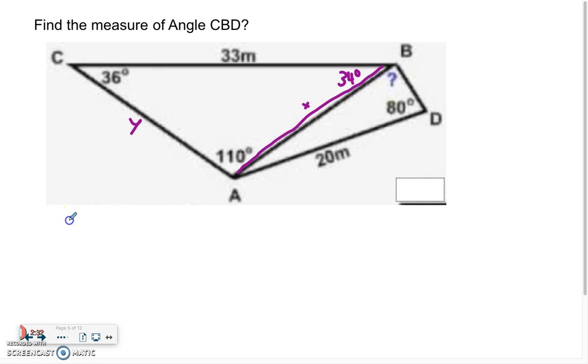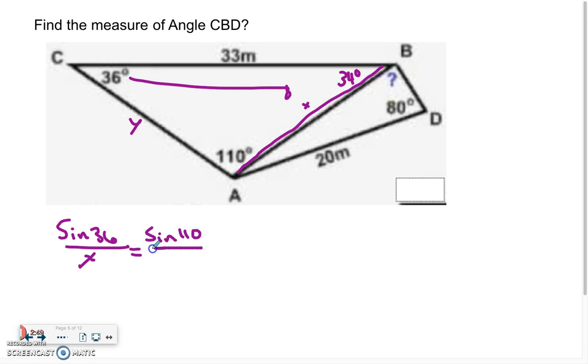So I'm going to do sine of 36 over x has to equal, and since we're given these two measurements, we're going to go sine of 110 divided by 33.